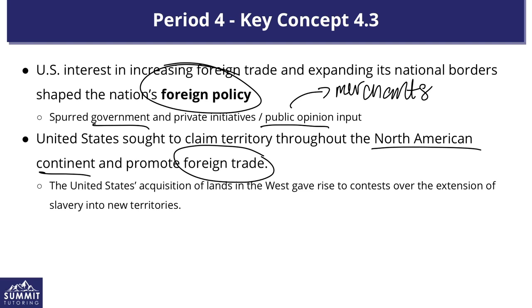You're going to see the acquisition of lands in the West start to raise some contest over the extension of slavery into new territories. So that's going to be a point of tension. But overall, the biggest takeaway here is that you have new expanding foreign policy that's going to lead to more foreign trade.